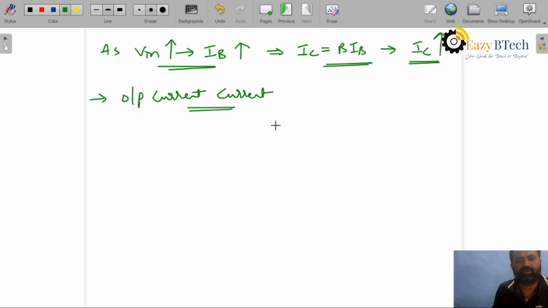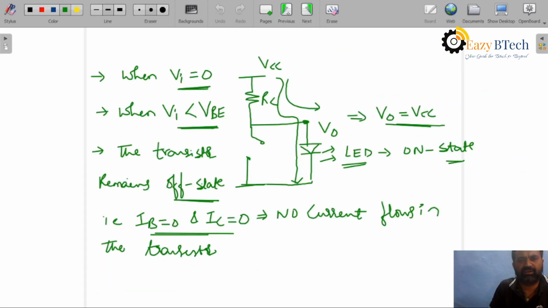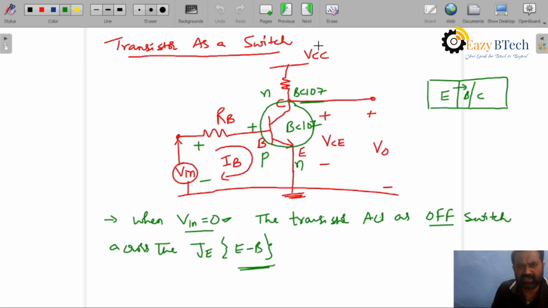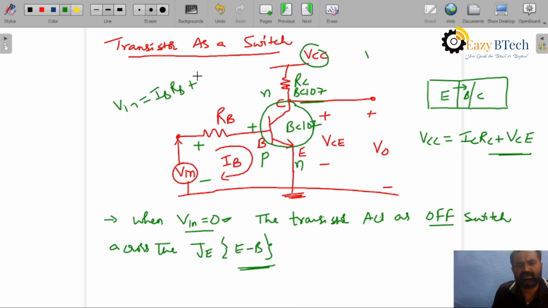Now for this output current we can write the expression. This is VCC, this is RC. VCC is equal to IC RC plus the voltage from here to here, VCE. And the input side we will write the equation as, already we have taken that, V in is equal to IB RB plus VBE.